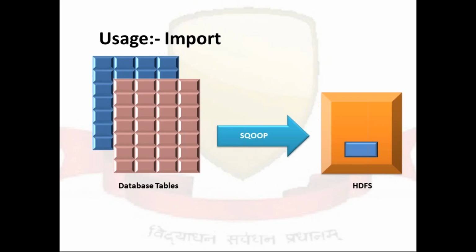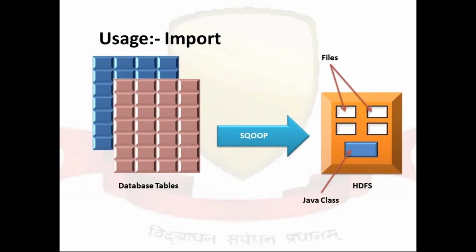The output of this import process is a set of files containing a copy of the imported table. The import process is performed in parallel, and for this reason, the output will be in multiple files.